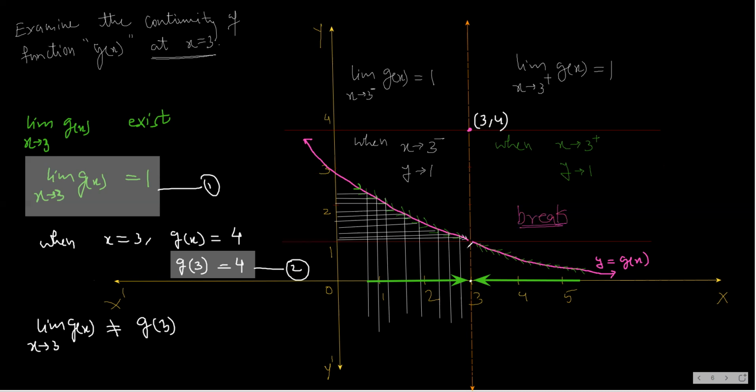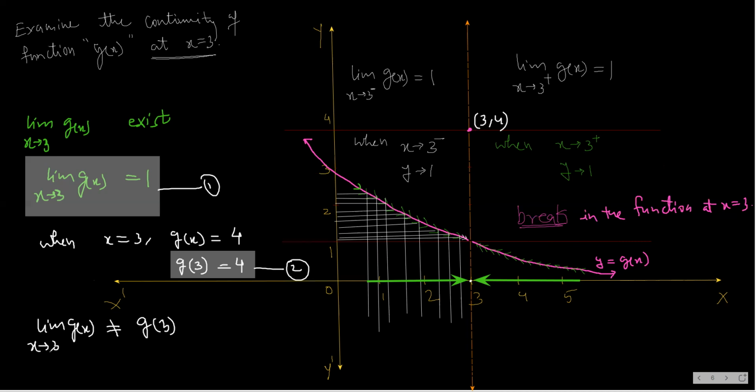And since there is a break in the function, what will you say? You will say that the function g of x is discontinuous at x equals to 3. Break in the function, at x equals to 3. What would you say here?